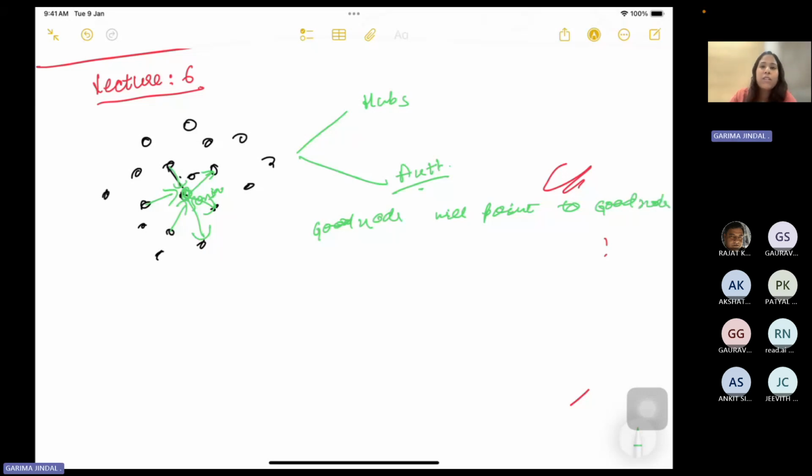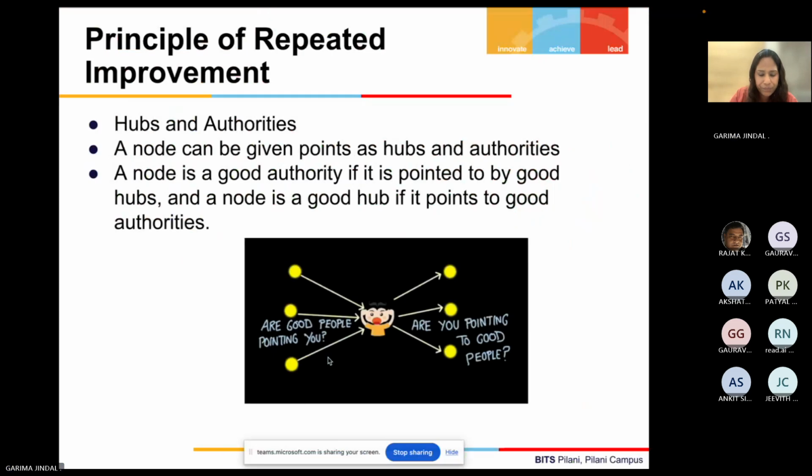Okay, or in other words, I can say that important nodes will point to other important nodes. Or on the other hand, I can say that important nodes will be pointed to by other important nodes. Okay, so this terminology will be more clear when I further discuss the examples.